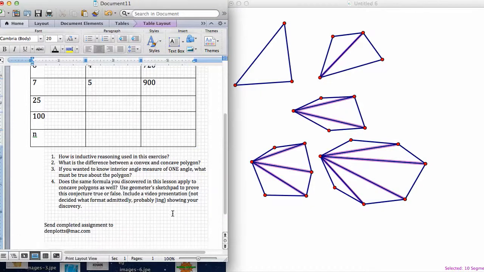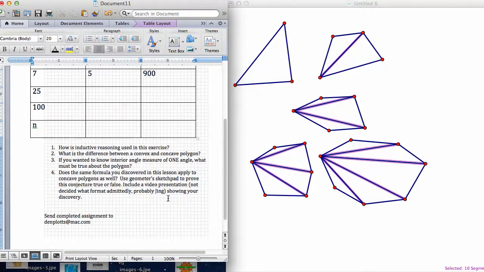When you are done, I want you to include this paper and the Jing video capture of your discovery and send it to my email address, okay? Not my Dropbox, my email address, so I'm alerted to it right away.